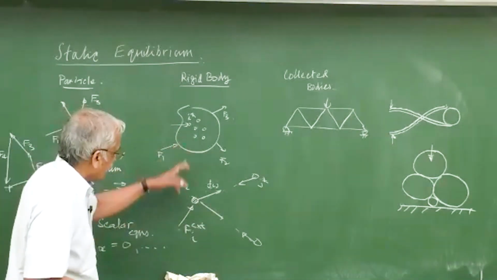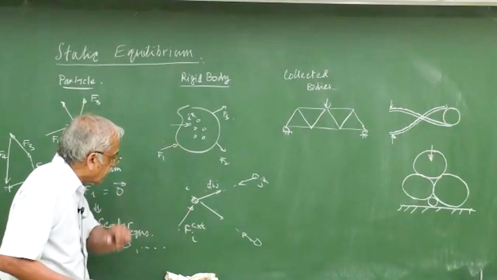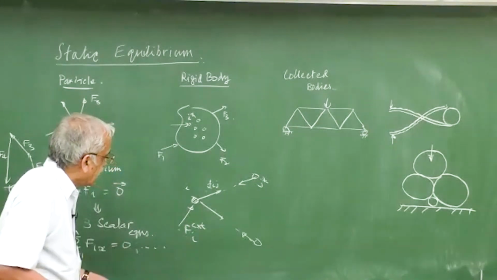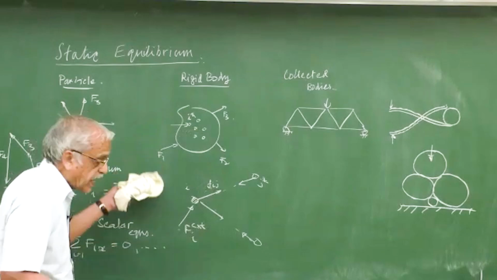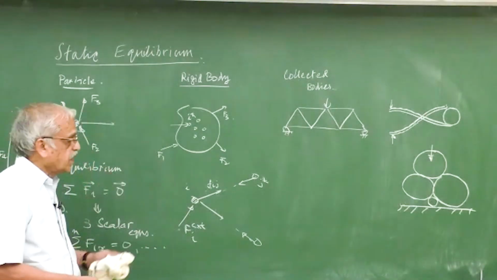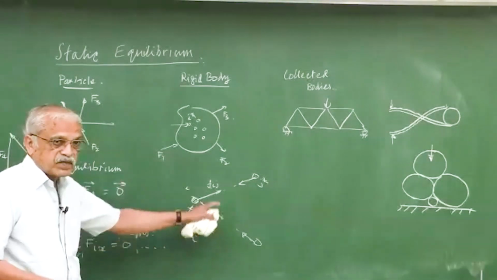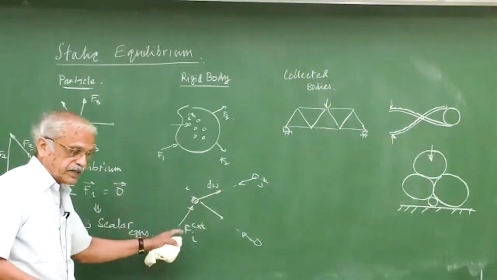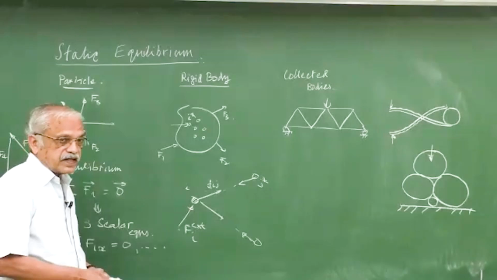If you take that, what we would like to do is that there will be n number of particles, so there will be an infinite number of equations. Every particle has a number of surrounding particles, and each particle is under equilibrium.